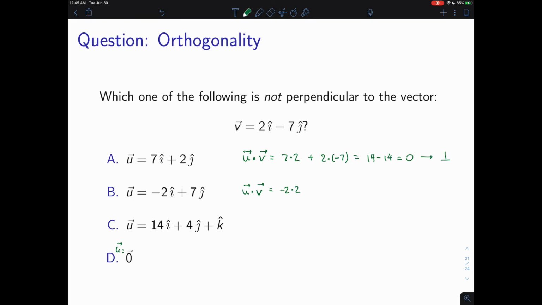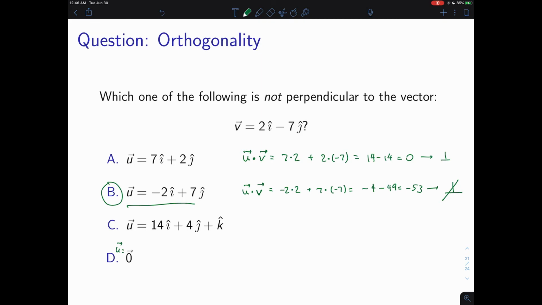Take the first component, that's minus 2 times 2. And take the second component, so I'm getting 7 times minus 7. So I'm getting minus 4 minus 49. That's minus 53. Those are not perpendicular. So there's our answer. This one is not perpendicular.